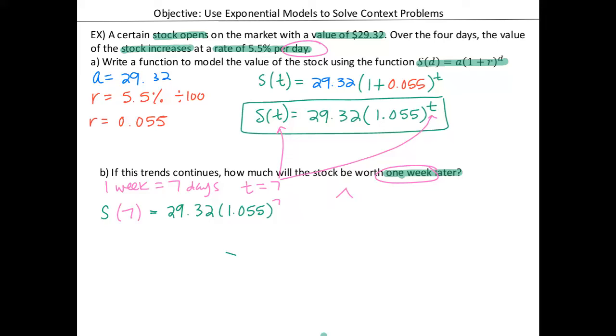You're going to use this caret key, and then you put the 7, and then press equals. So 29.32, open a parenthesis, 1.055, close the parenthesis, and then you're going to go to the power of 7 and press equals.